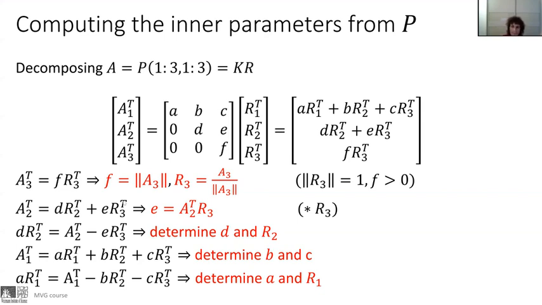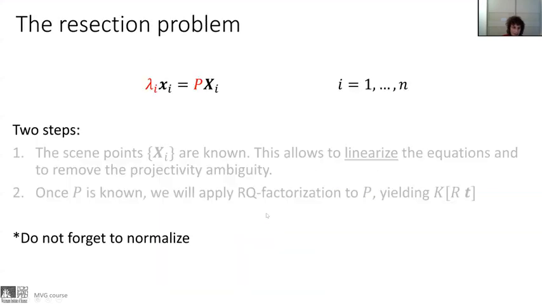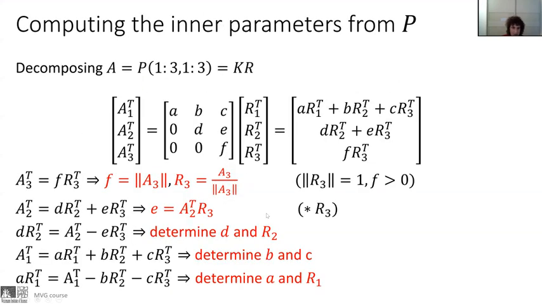Okay? So this is the way that you calculate the calibration matrix. And if F is not 1, you can divide everything by the value of F. It does not harm the camera matrix. And you get F equal to 1, and exactly then you get a calibration matrix with 5 degrees of freedom.